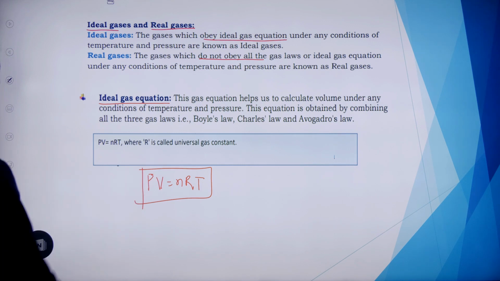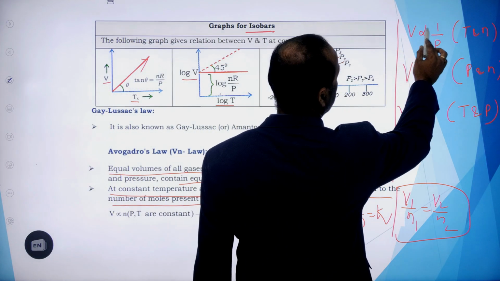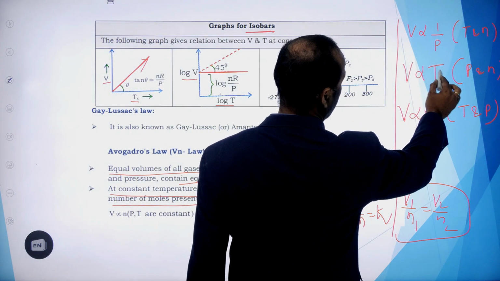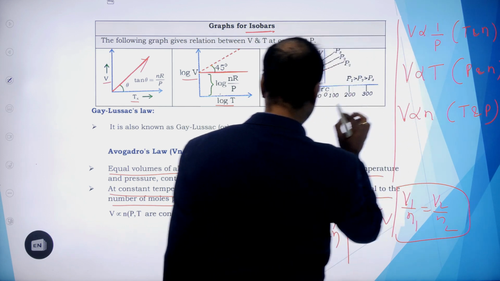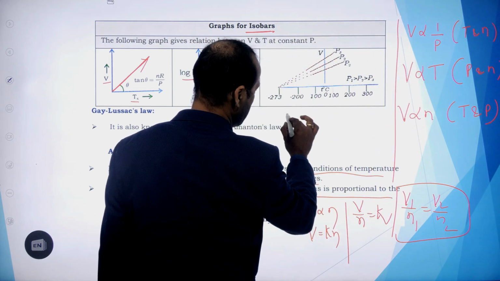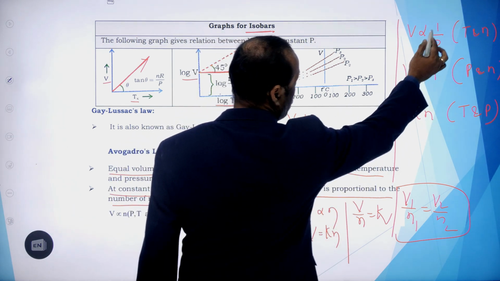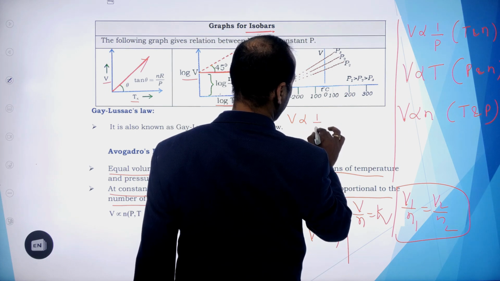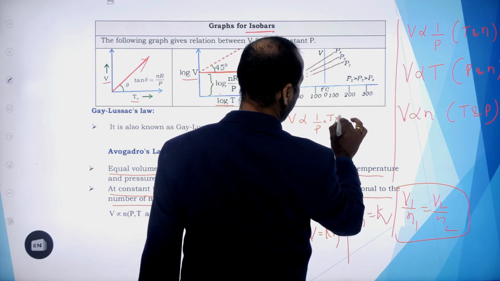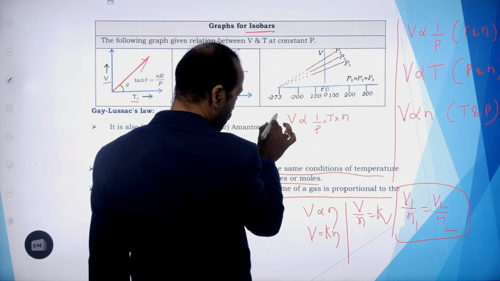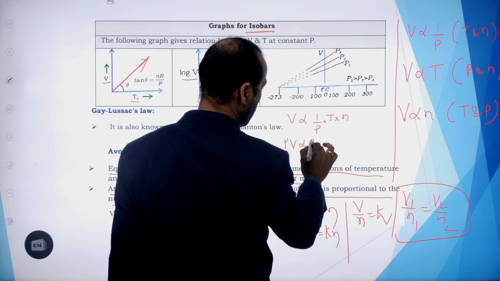Sir, how can we get this equation? See here, V is directly proportional to 1/P, V is directly proportional to T, V is directly proportional to n. If I combine all, V is there in all three cases, so I write V, and proportionality in all cases. Here 1/P, so I write 1/P, here T, here n. Now I bring this P to this side, so PV is directly proportional to Tn.